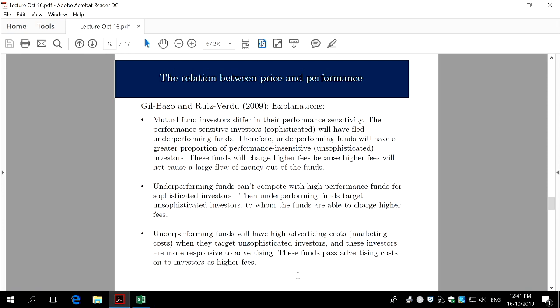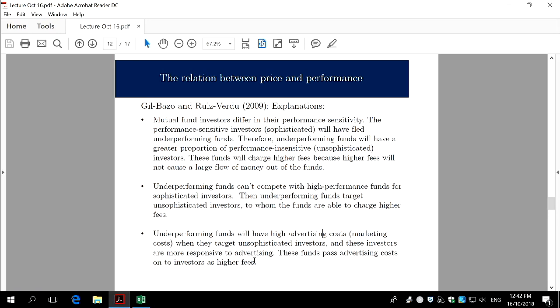The third explanation is that those underperforming funds will have higher advertising cost, which is also called marketing cost. And those unsophisticated investors are more responsive to advertising because they are not smart enough.